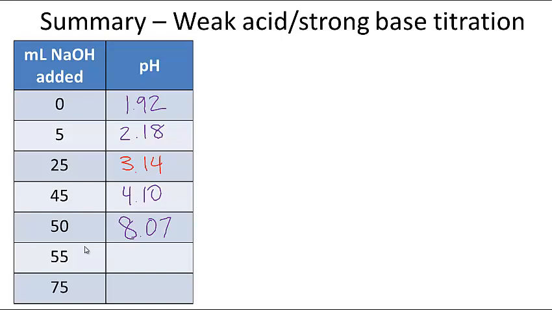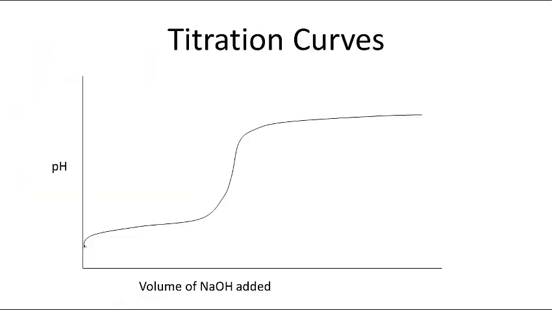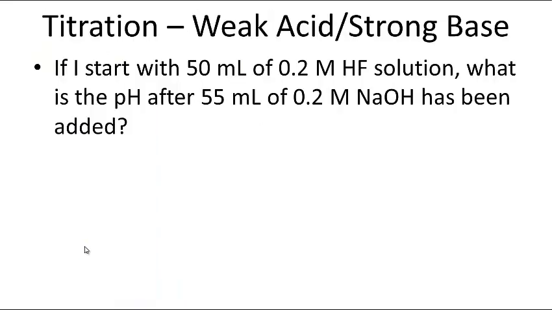And we saw that the pH had been slowly rising, and then all of a sudden, that last 5 milliliters to get to the equivalence point made the pH jump up. So now we're going to check, all right, what happens when we add 5 more milliliters of base? So we go just past the equivalence point.